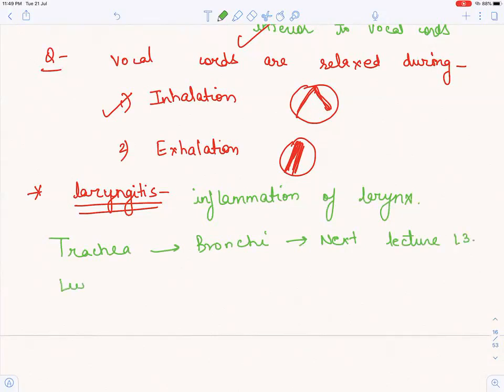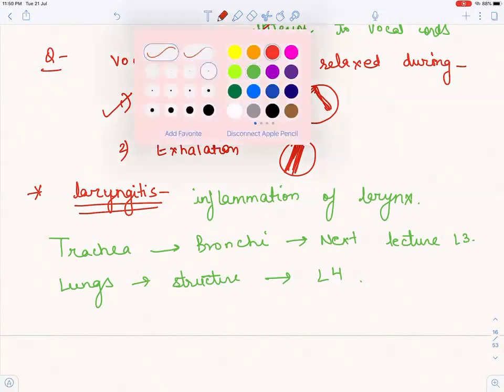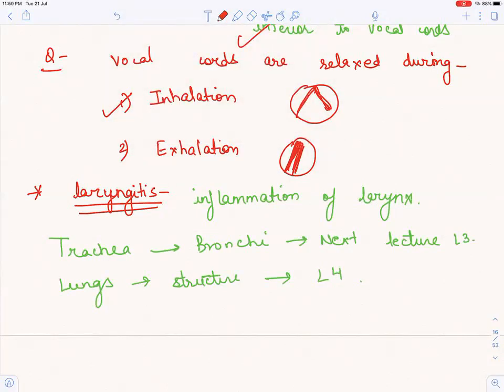After that, I'll do the structure of lungs, that will be lecture 4. And then we will start with what? We are going to start with the mechanism of breathing.